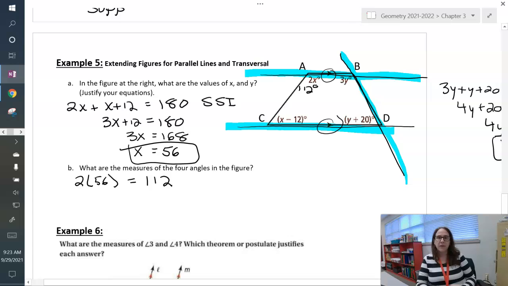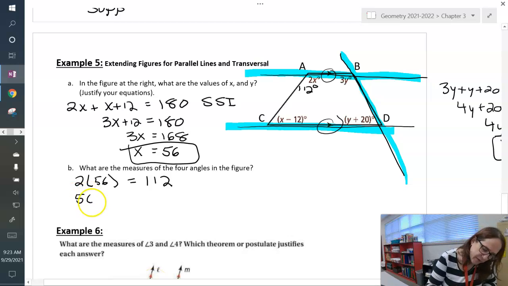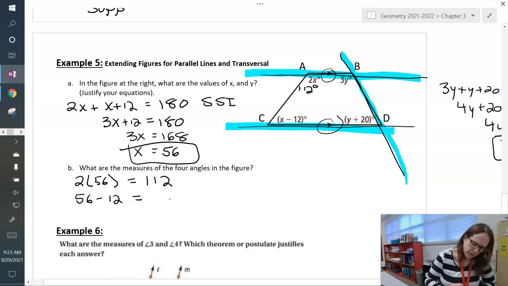I can plug in my 56, or I can subtract from 180, but I think it's easier just to go ahead and plug in. So 56 minus 12 equals 40. I think I might have a mistake here. All right, so I did find a mistake.